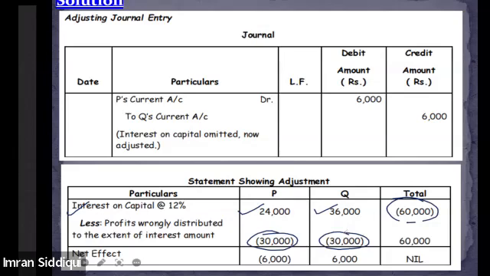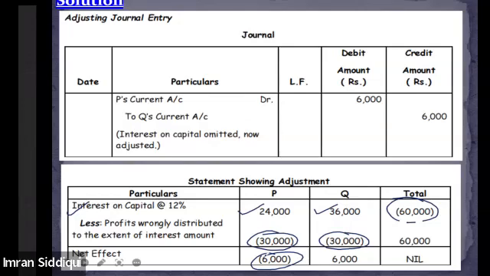So now at the end, it simply means that P's account should have been credited by 24,000, but we wrongly credited his account by 30,000. So that means we have credited his amount in excess of 6,000, right? So he will have to pay back 6,000. For that purpose, we'll simply debit his account. We'll have to reduce his balance. So we'll debit P's account. And Q, who should have actually got 36,000, only got, because of our mistake, 30,000.